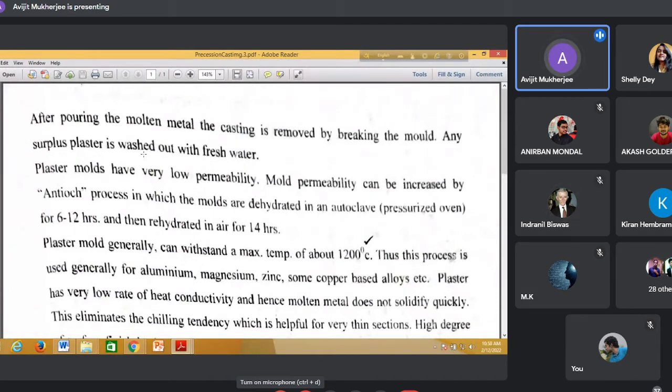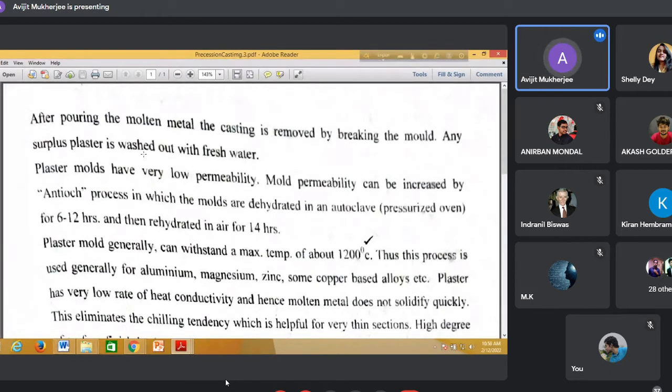This is nothing but dehydration followed by rehydration, in simple terms. Dehydration means to remove all the moisture artificially, that is, in an autoclave. What is an autoclave? It is a pressurized oven. Both pressure and temperature can be set.